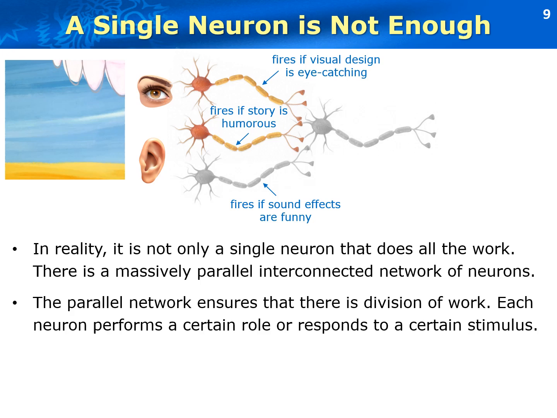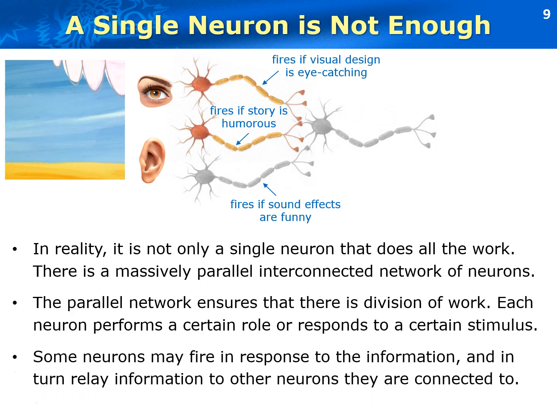Some neurons may fire in response to the information, and in return relay information to other neurons they are connected to. In this example, one agrees that the visual design of this movie is very attractive, and the story is quite interesting.